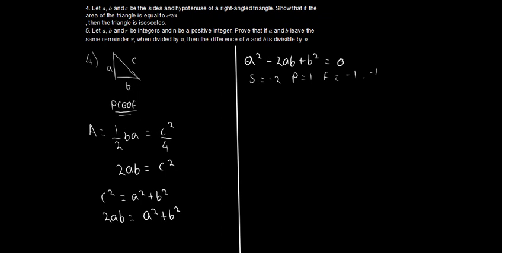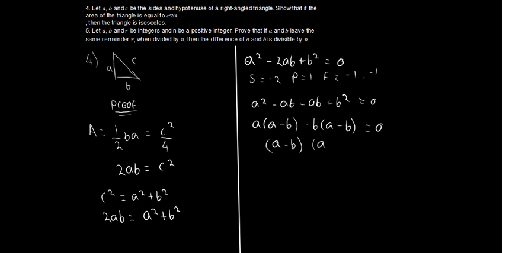These are the only factors that we can use. So we'll have a squared minus ab minus ab plus b squared is equal to 0. What's common here? A. We have a minus b. What's common here? -b. We have a minus b left there, equal to 0. We factorize these: we have a minus b, all squared, is equal to 0.